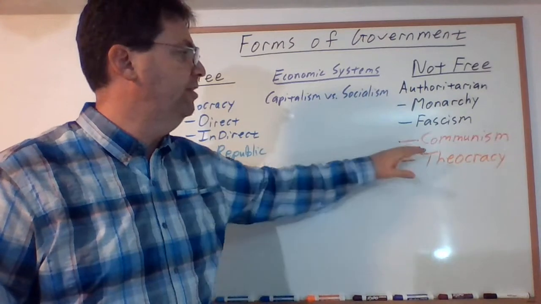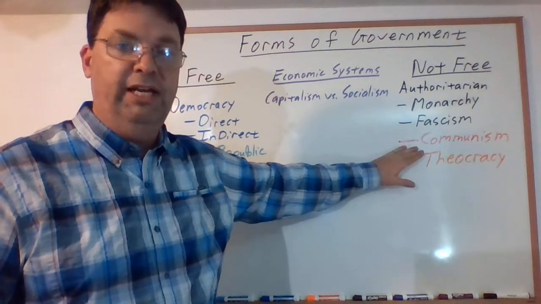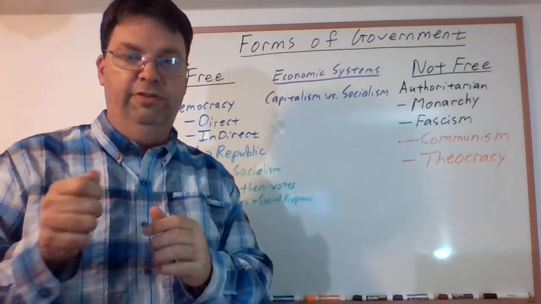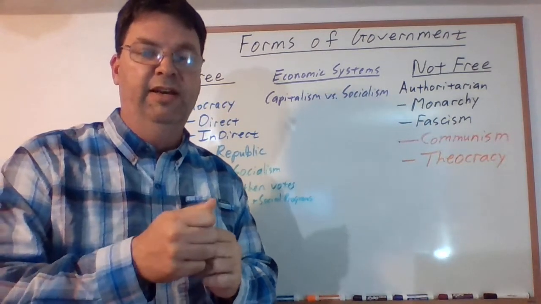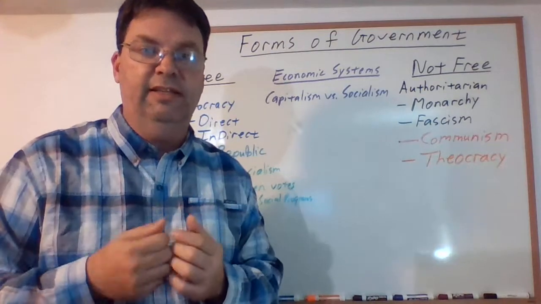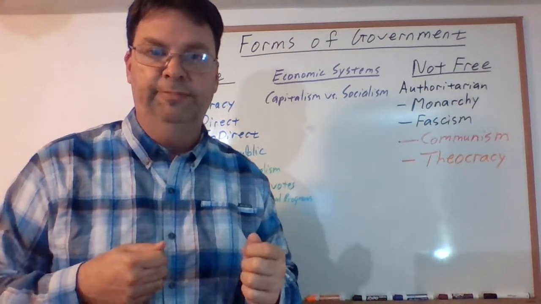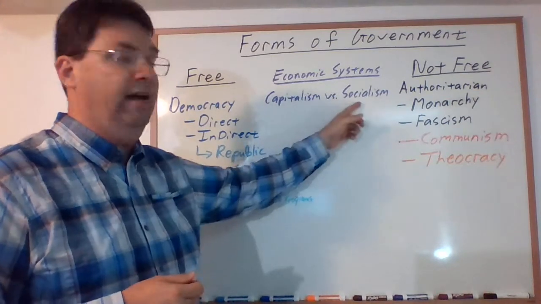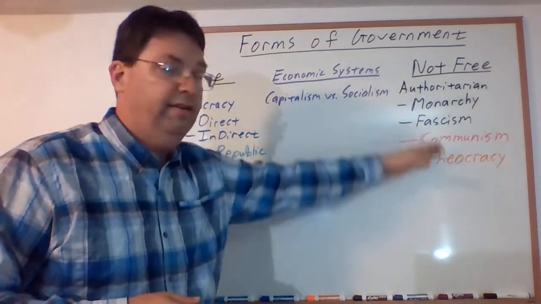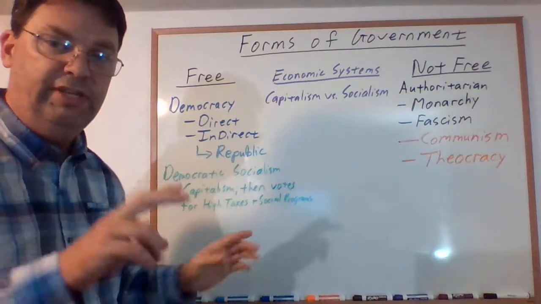In fact, so much that the Soviet Union did not have money. You just got little credits that said you are entitled to this much milk, you get this much wheat. And you would go stand in line and you would collect it. There was no buying, selling, and trading. All right? So those are the main differences. These are economic systems, and these are political systems. You need to keep those separate.